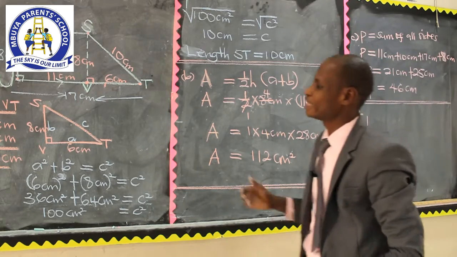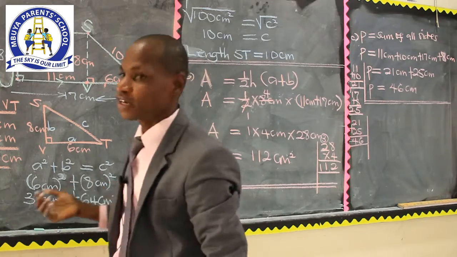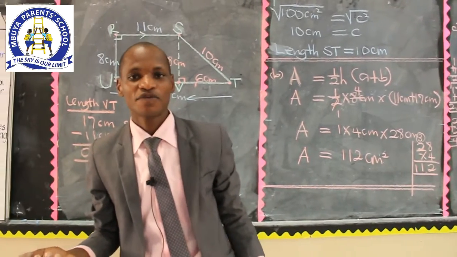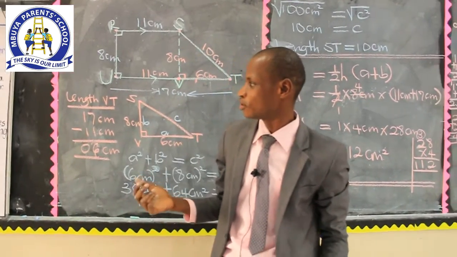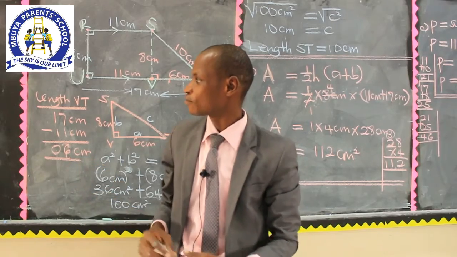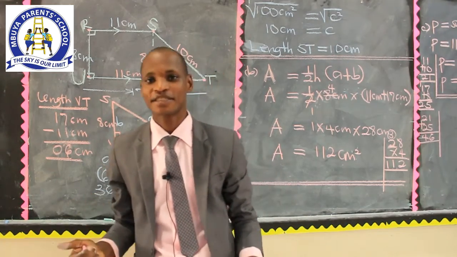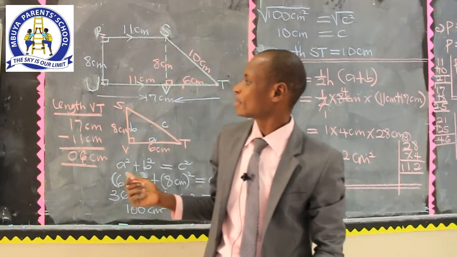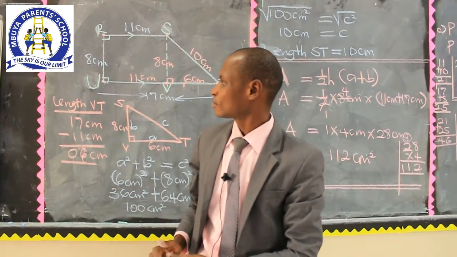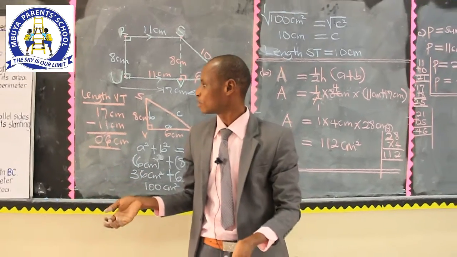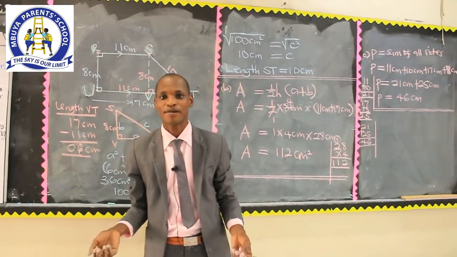Those of you who have been listening from the beginning, I'm very sure you can now attempt any question concerning a trapezium. Lesson 5 and lesson 6 have purely guided us on how to handle issues concerning a trapezium.